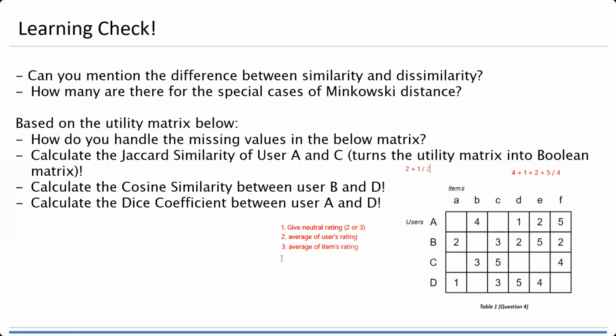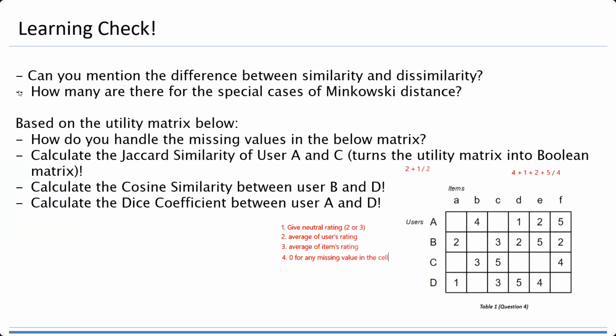There's another option. For example, I do not want to give a value, so I can give 0. So I can just give 0, 0, 0, 0, 0, 0, and 0. Okay. Different techniques will give you different results.